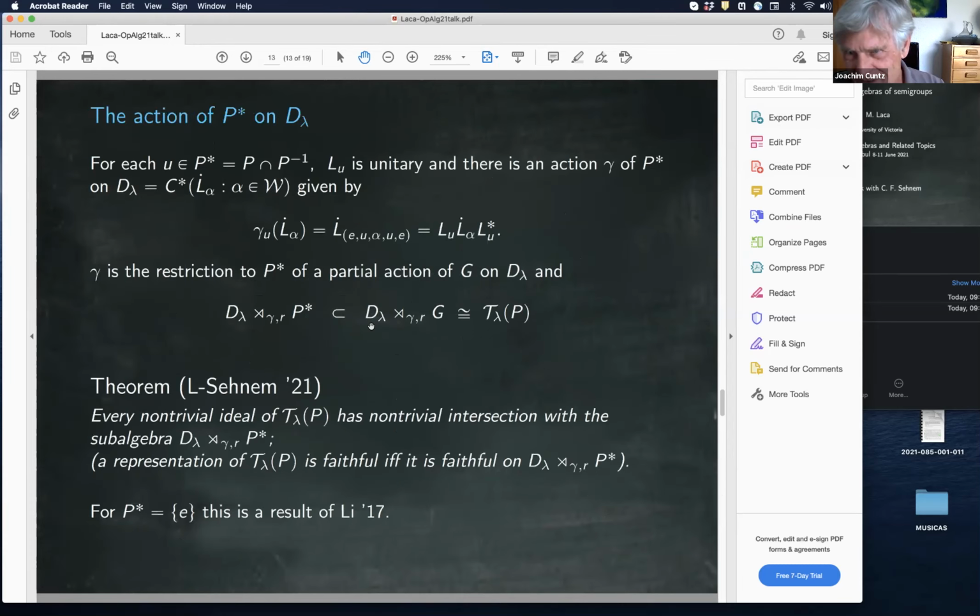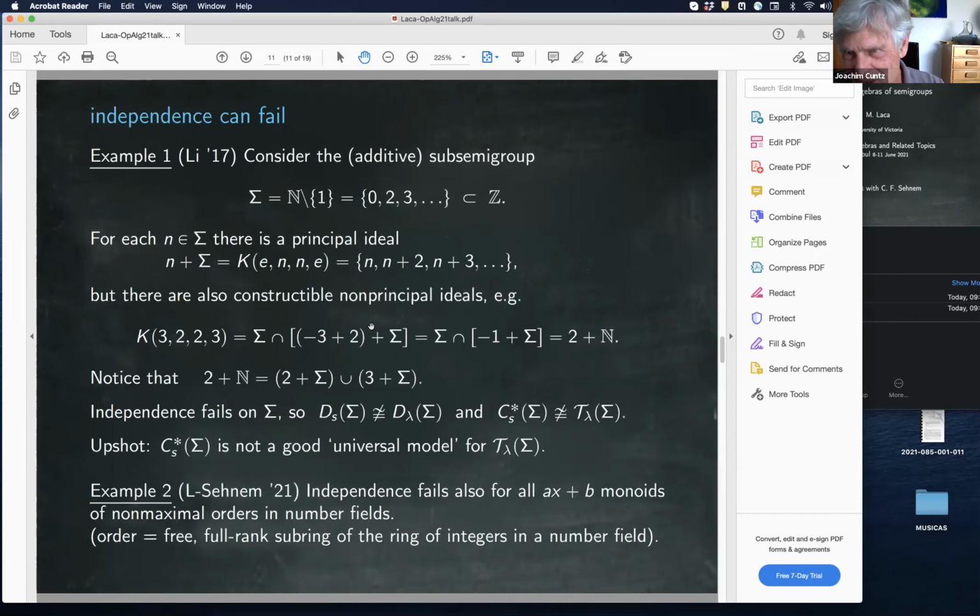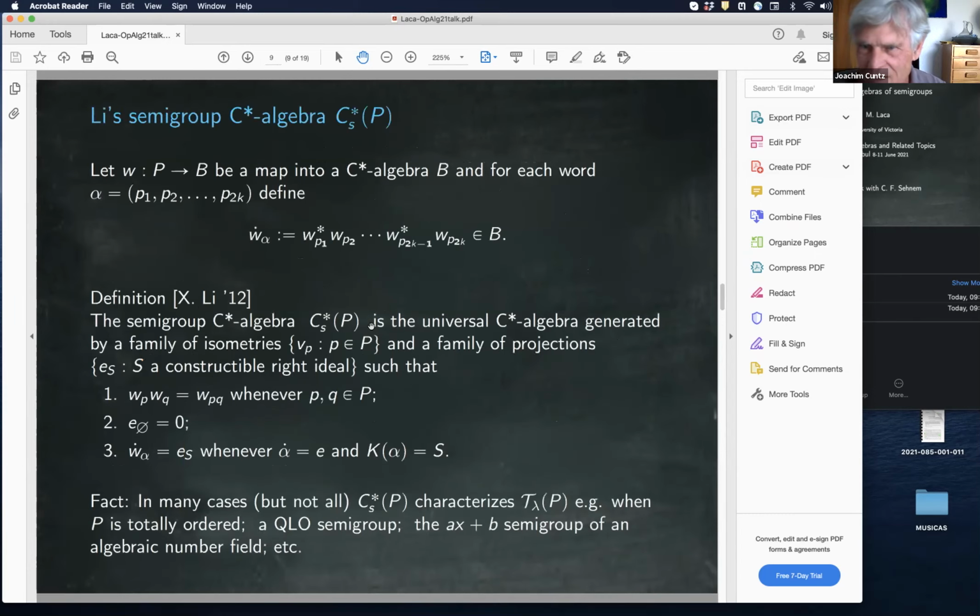I think when the constructible right ideals satisfy the independence condition, then you get the isomorphism between the full C*-algebra and the reduced. Now what's the connection if you use the different definition of the full C*-algebra?